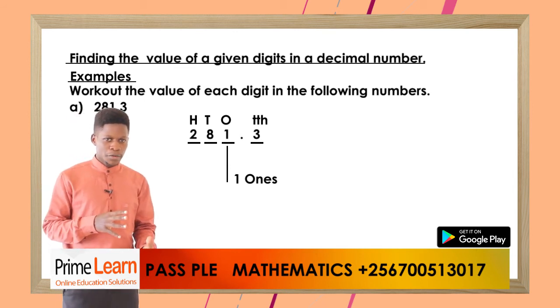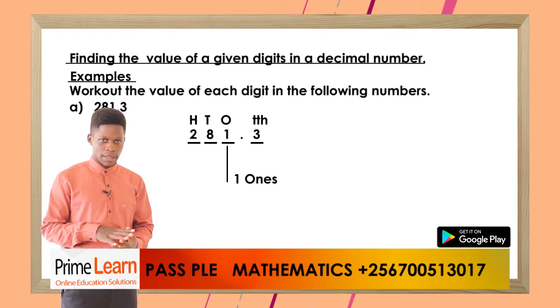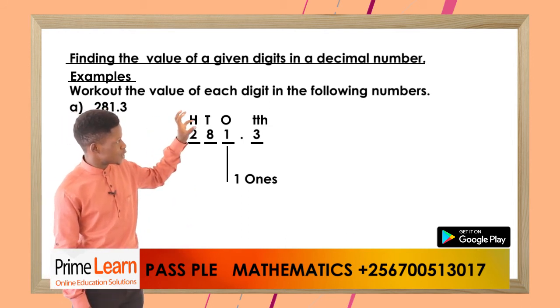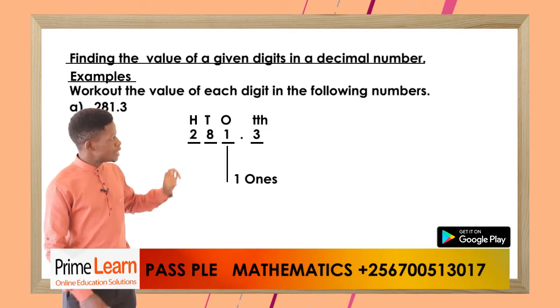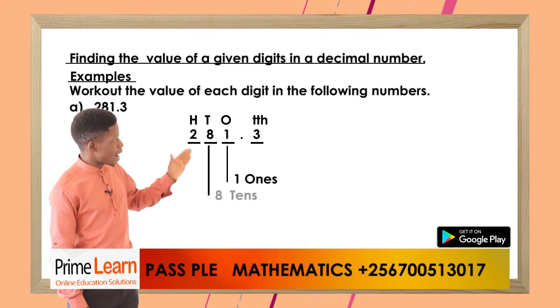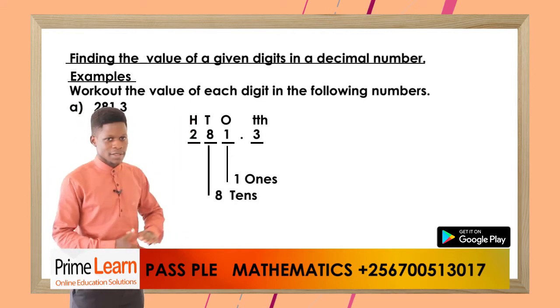When we continue and go to the next place value, which is tens, it shows us that there is digit 8, and this 8 is in the place value of tens, which means there are 8 tens.